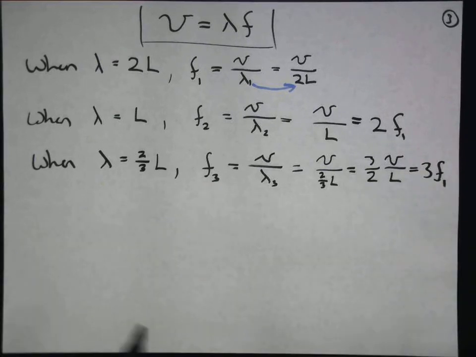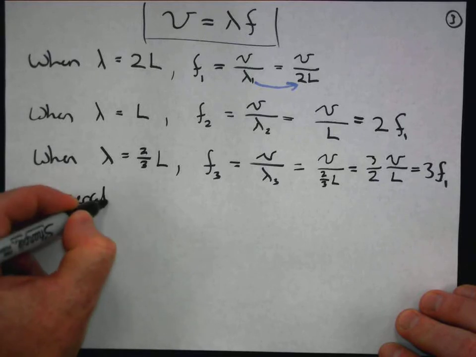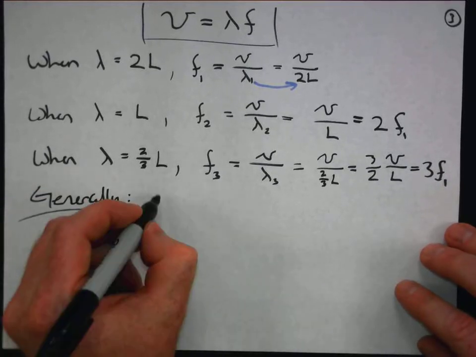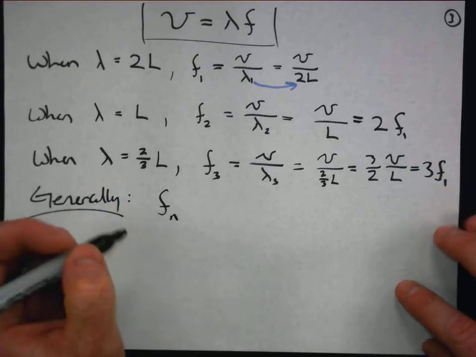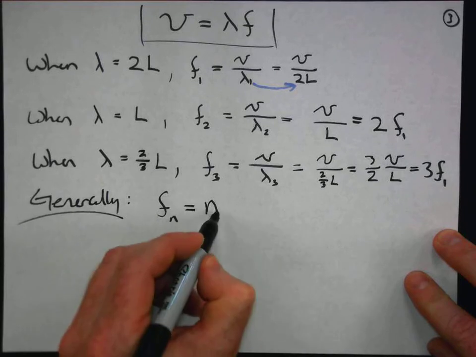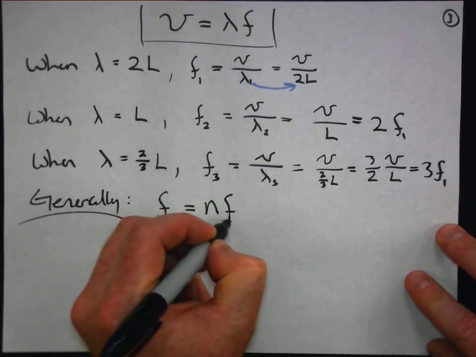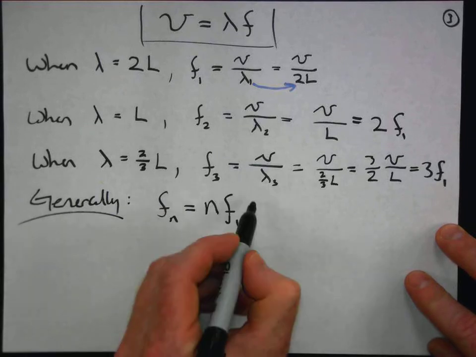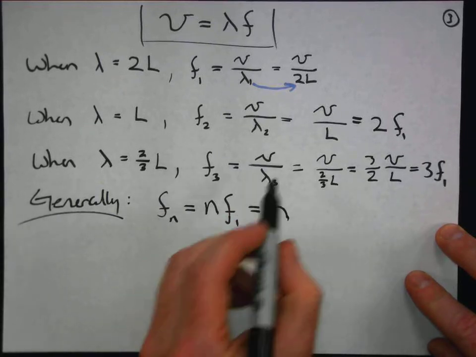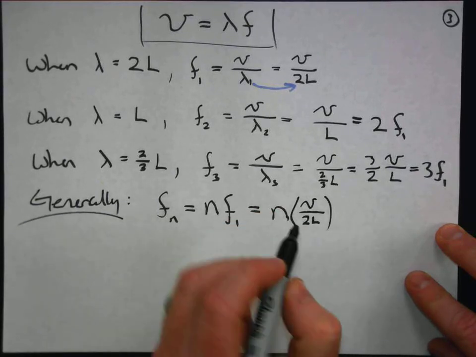Okay. And so let's say something generally. We can say that any harmonic frequency is equal to that value of n multiplied by the fundamental frequency, which really comes down to that value n multiplied by v over 2L, whatever the length of the string is.